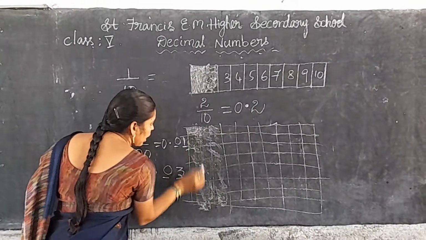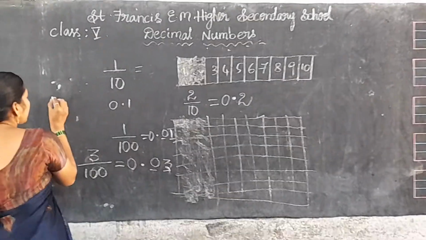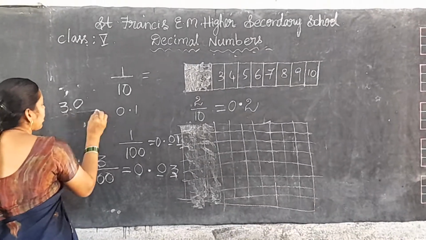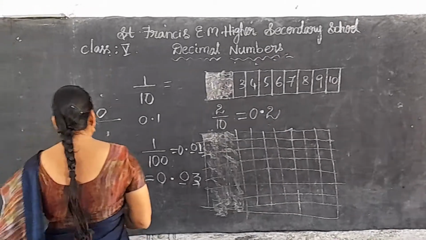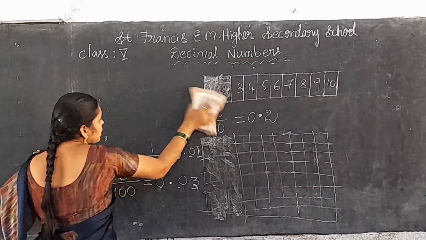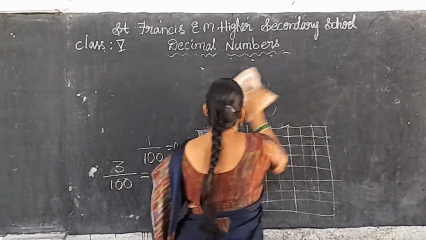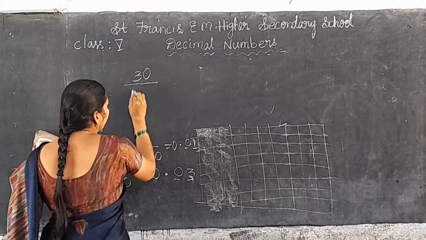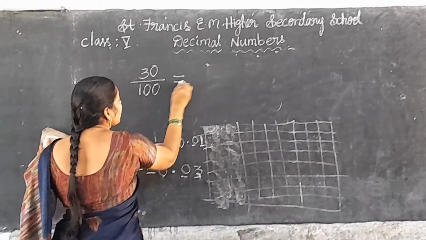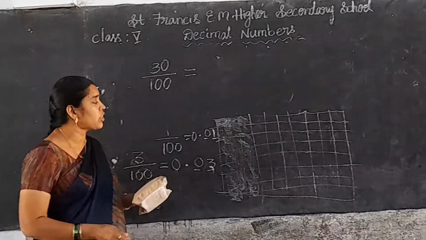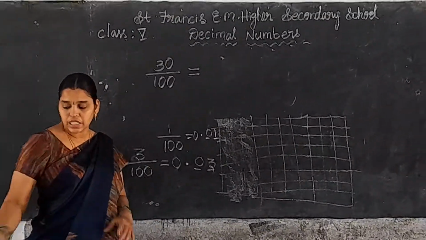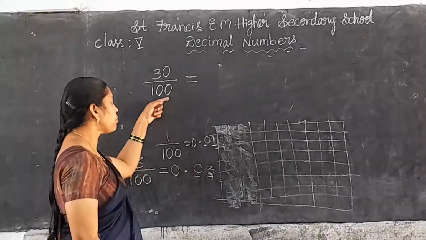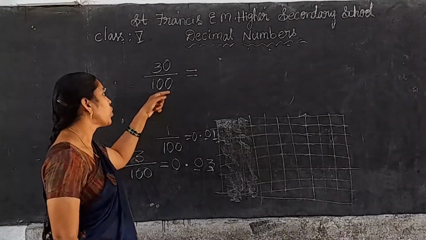Okay. Suppose these are all shaded. That means out of 100, 30 are shaded. Then what is the fraction for 30? See here I am writing 30 by 100. Right? This is the fraction. You should convert it into a decimal fraction. Here how many zeros? 2 zeros.